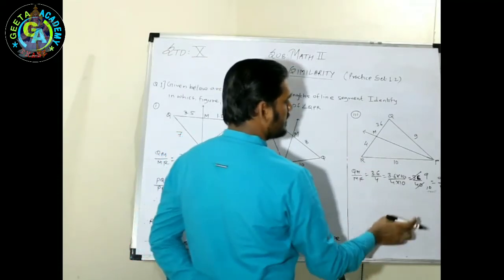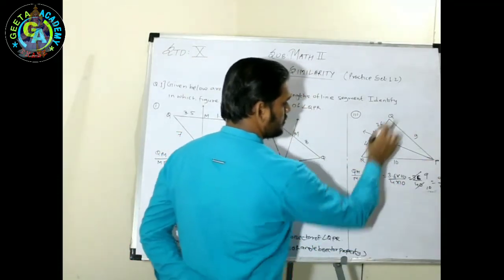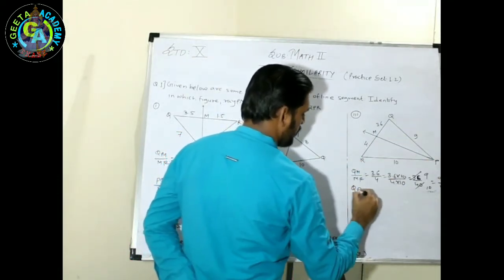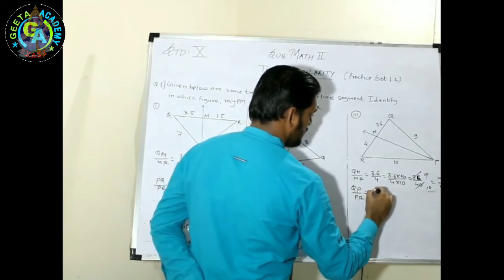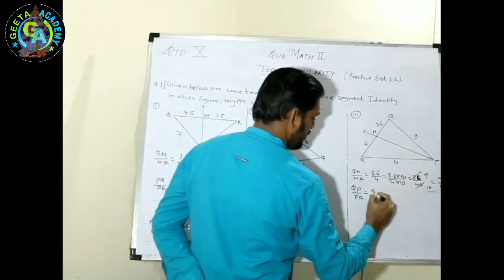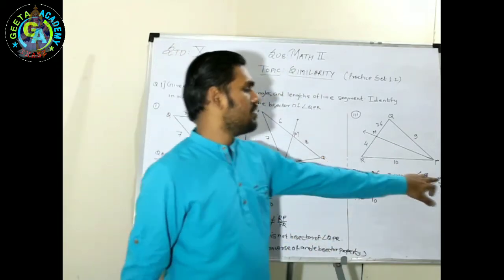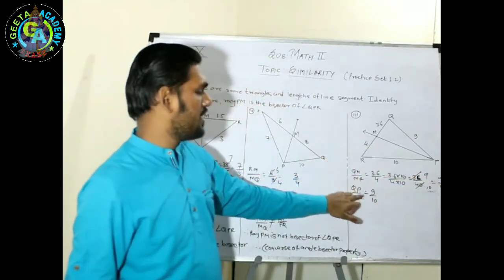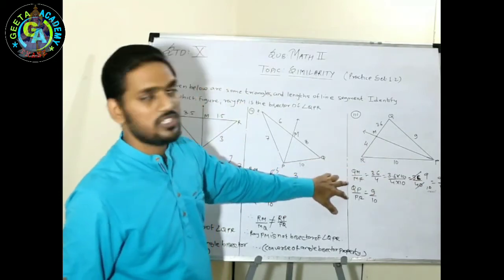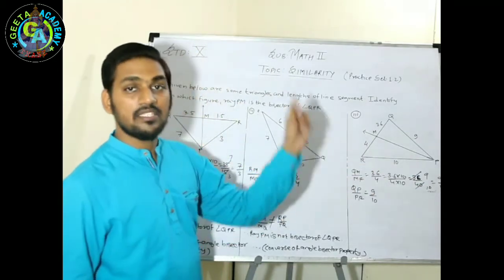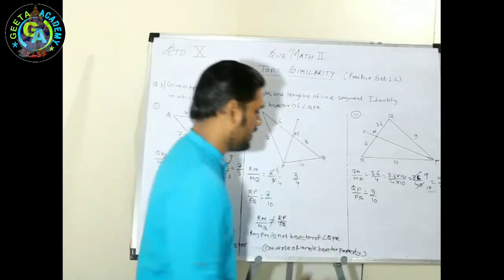Now we have to take the ratio of the other two sides of the triangle, that is QP upon PR. So it will be 9 and PR is 10. So as we observe, QM upon MR is 9/10 as well as QP upon PR is also 9/10. It means these ratios are equal. It means ray PM is the bisector of angle QPR.